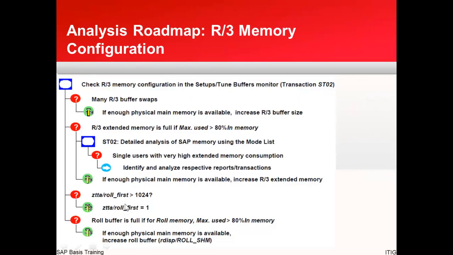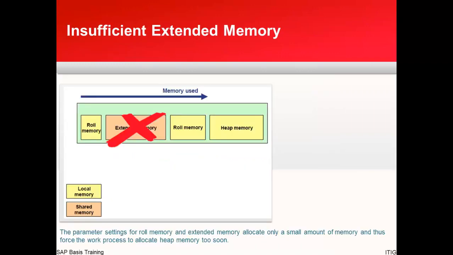Now the ST03 transaction is basically the analysis roadmap. Let's get into the next one. Here you can see insufficient extended memory. The parameter settings for role memory and extended memory allocate only a small amount of memory and thus force the work process to allocate heap memory too soon.